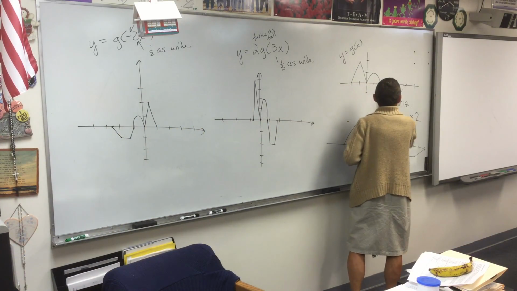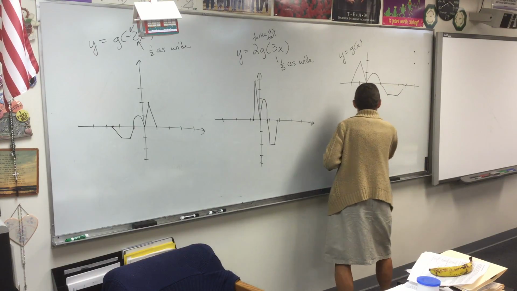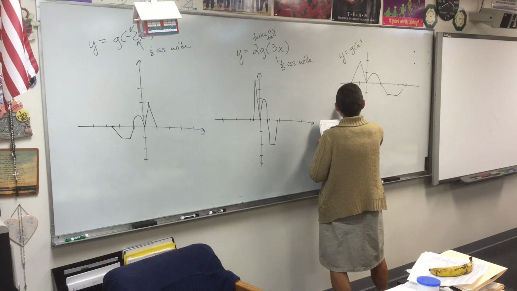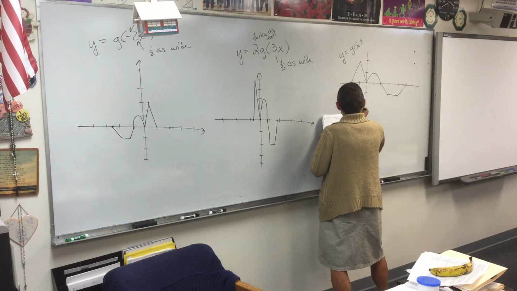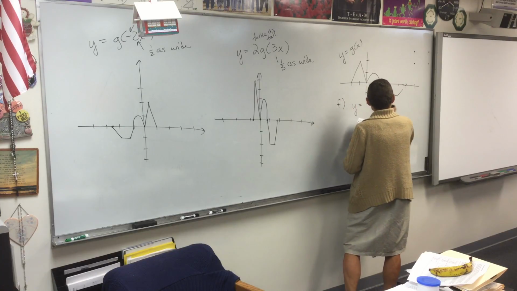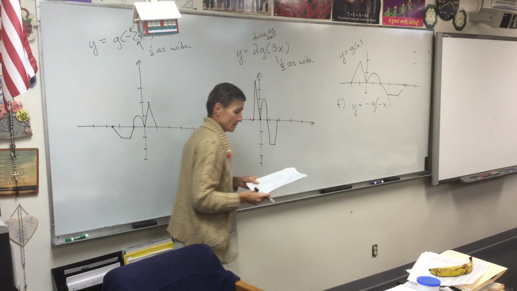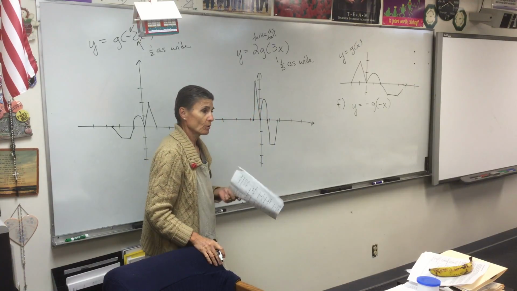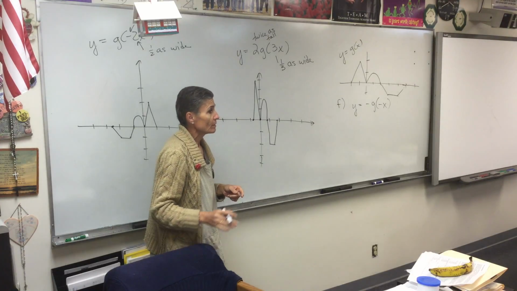Would you try F on your own? See if you can figure out F. There's a couple of things happening. Oh, F. Y equals negative G of negative X. What in the world did I do? Negative G of negative X. What's that going to do?